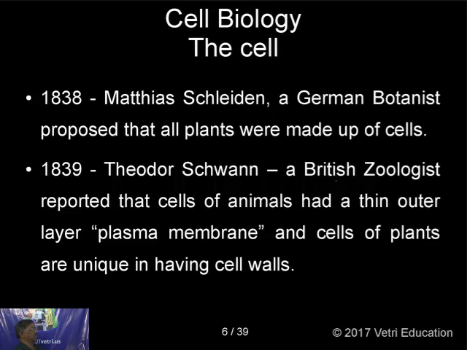Next, in 1838, Matthias Schleiden, a German botanist, proposed that all plants were made up of cells. In 1839, Theodor Schwann, a British zoologist, reported that cells of animals had a thin outer layer, that is the plasma membrane, whereas in plants there is a cell wall above the plasma membrane.